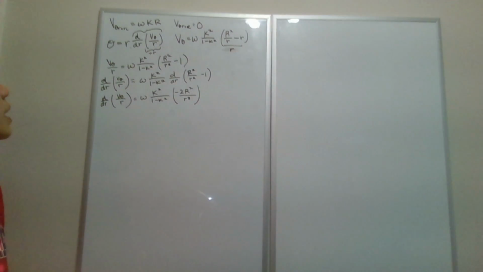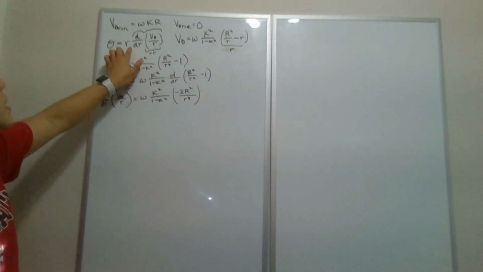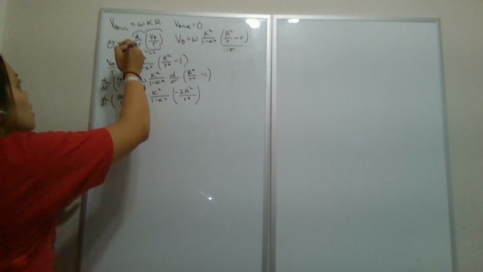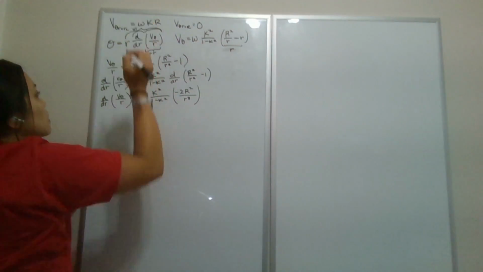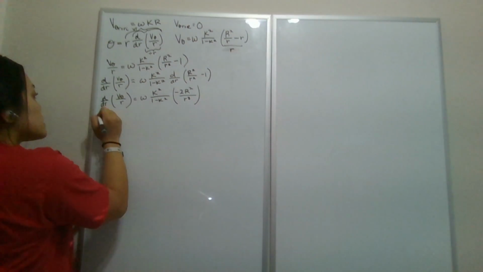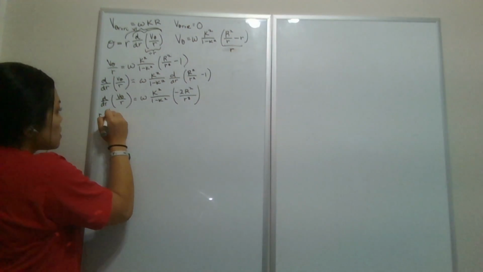Now what we have to do is add in this final multiplication by the radius. So we're going to multiply both sides by the radius.